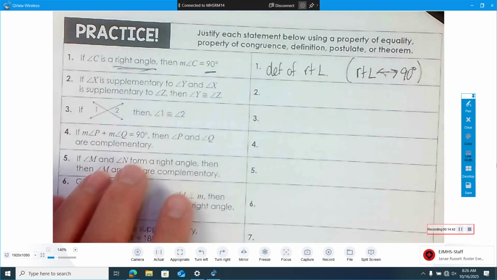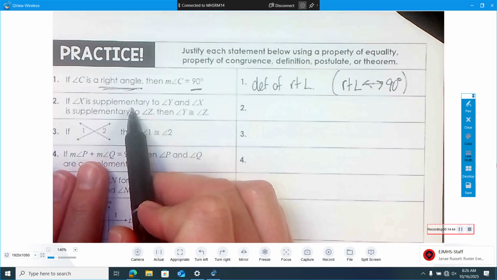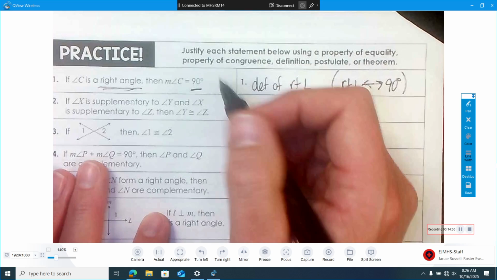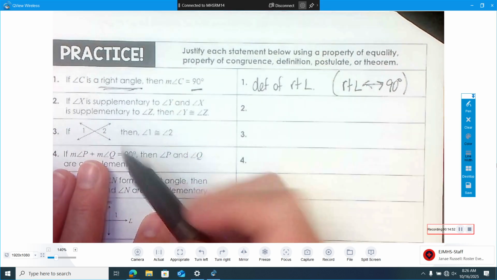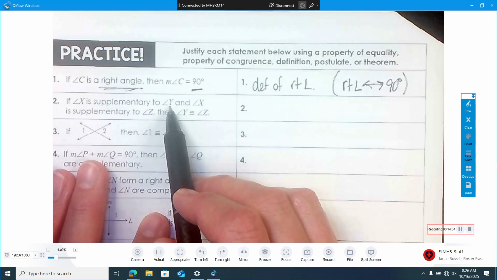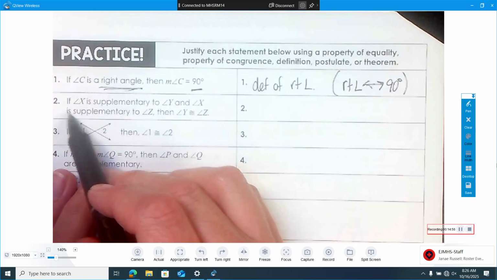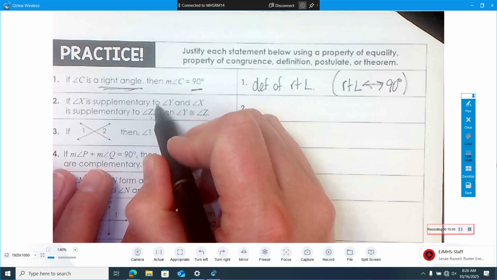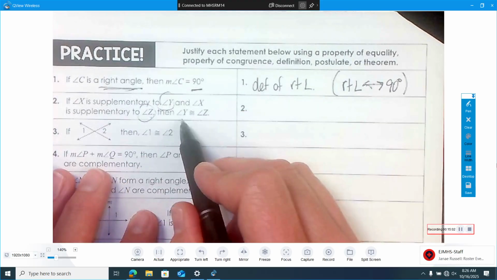If X is supplementary to Y, and X is supplementary to Z, then Y must equal Z. What is that?